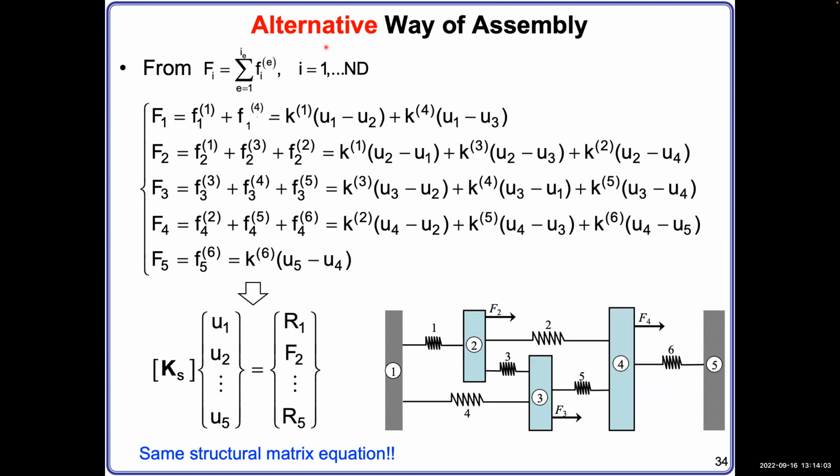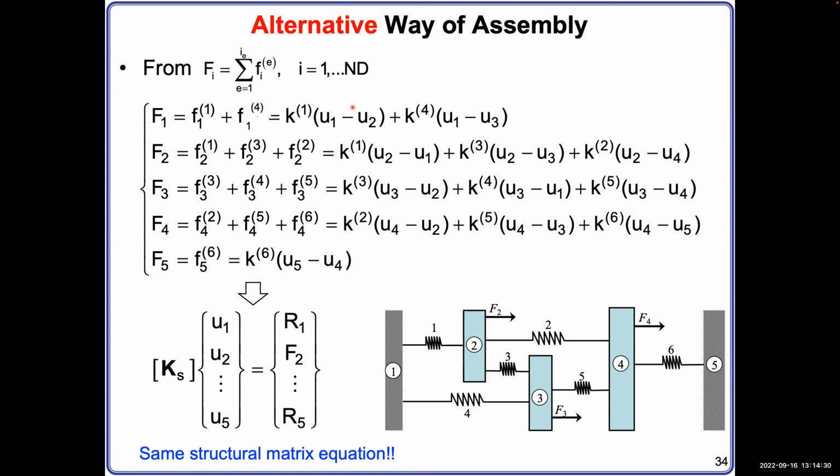We also discussed an alternative way in the last lecture. Go in a reverse way, not using the summation of different element matrix equation sets, but start from the force equilibrium on each node. On each node, you have this force equilibrium equation, and then each force we can write in the form of Hooke's law that we discussed in the earlier class.